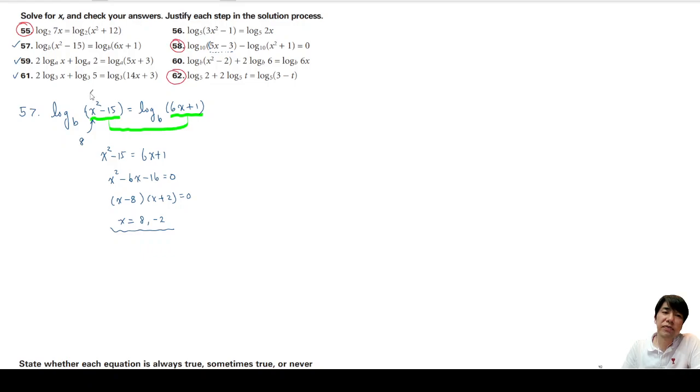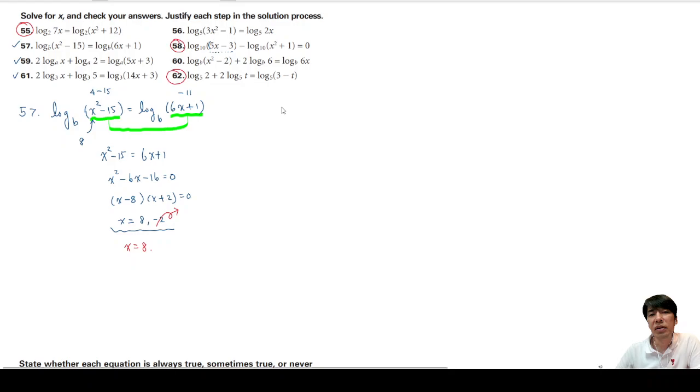This becomes 4 minus 15, so you end up with a negative number here. And also here, when x is negative 2, you end up with negative 11. So it doesn't make any sense, because we cannot have a negative number inside the log. So this negative 2 should be thrown away. That's not a good answer. So the only answer is x is equal to 8. Okay?